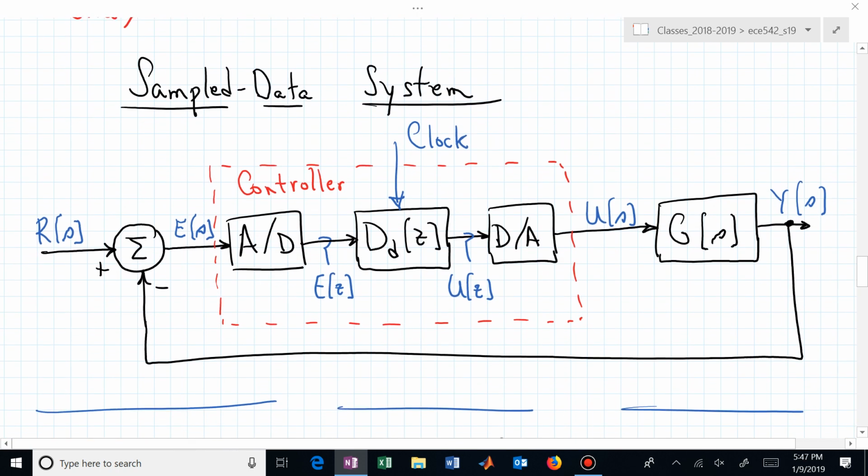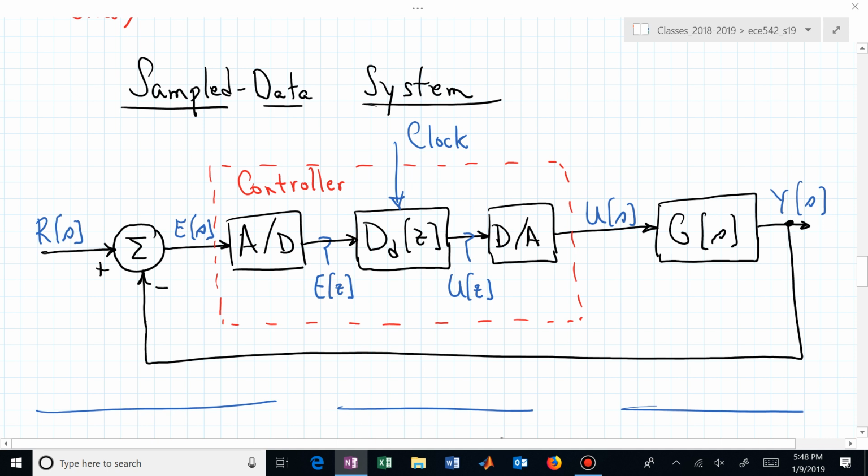That's what this class is going to be concerned with. We're now going to think about how we create that capital D sub little d of Z. It typically has to interface with the same plant, G of S, that was in the previous block diagram. We're still trying to control the same system. But now how do we create that D sub D of Z?